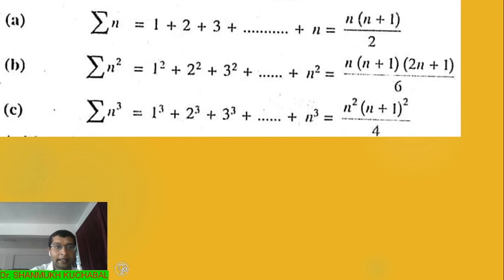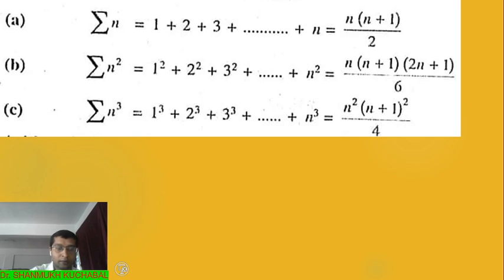Summation of n is the sum of n numbers, 1 plus 2 plus 3 up to n. The sum of 1 to n numbers is given by the expression n into n plus 1 divided by 2.